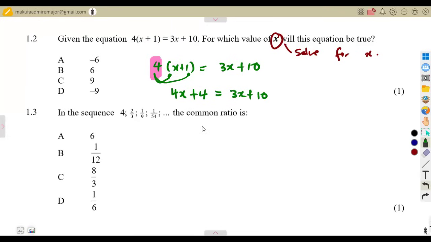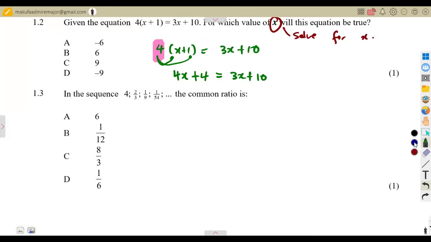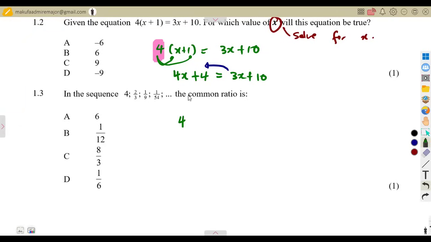As we know, when solving these equations, we need to collect the terms with x to one side of the equation. So the 3x goes to the other side of the equal sign and changes sign. There we've got 4x minus 3x. The 4 taken to the other side becomes a minus, so that's 10 minus 4.